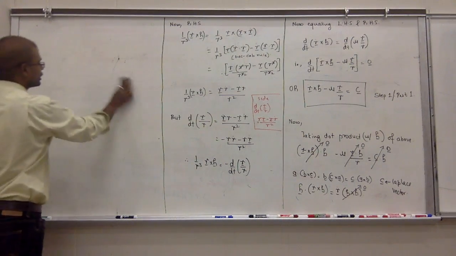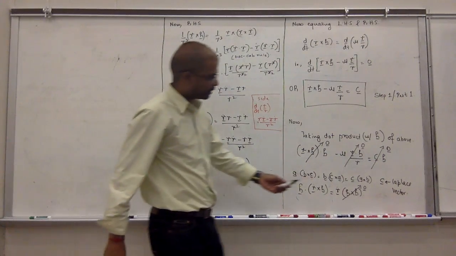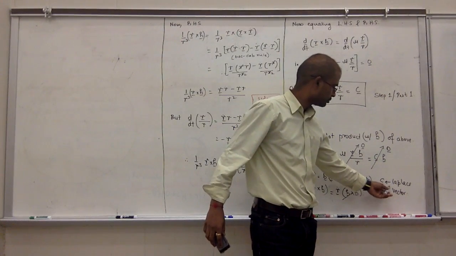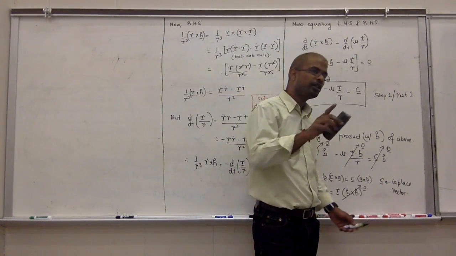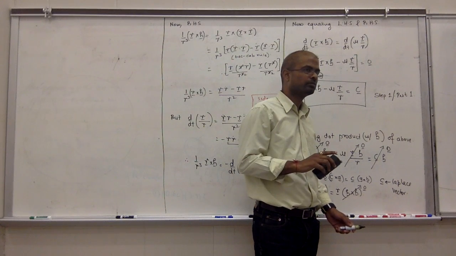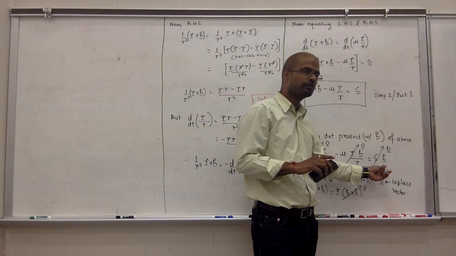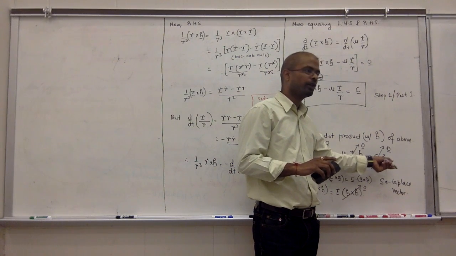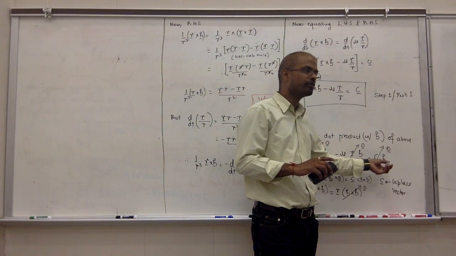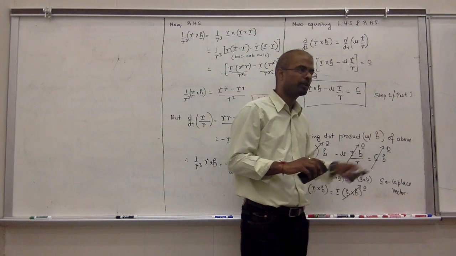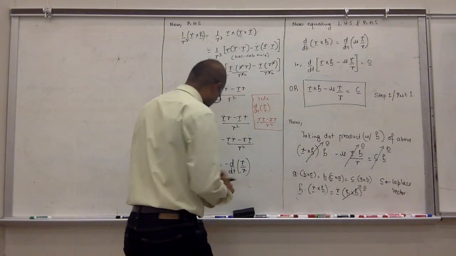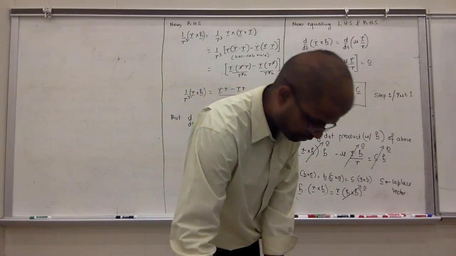Now what that also means is this Laplace vector is actually in the orbital plane, because C dot H can be 0 only if C is perpendicular to H. And for C to be perpendicular to H, it has to be in the orbital plane. Okay. Now let's quickly finish the second part of this derivation.